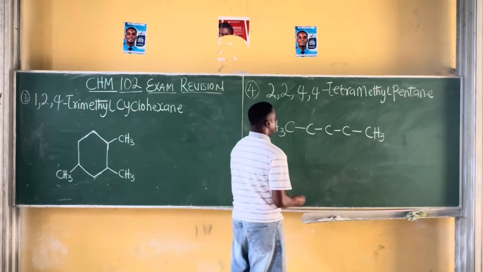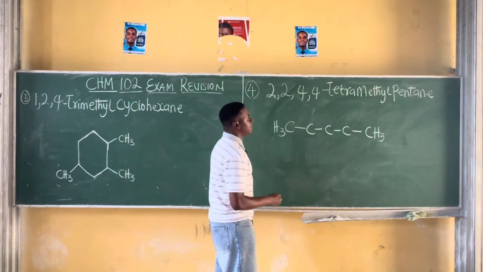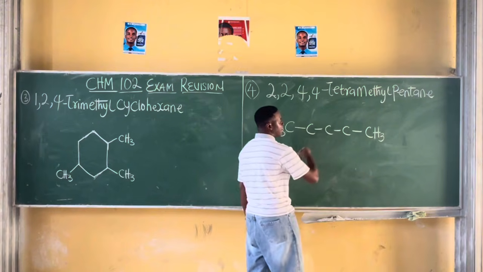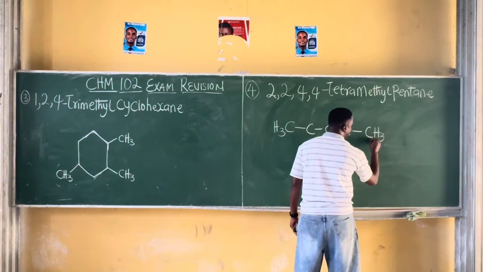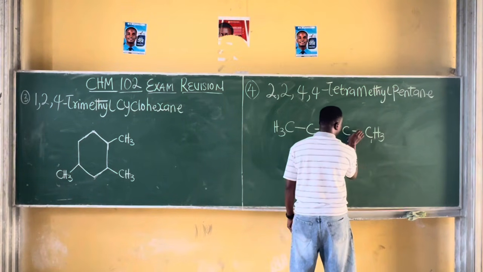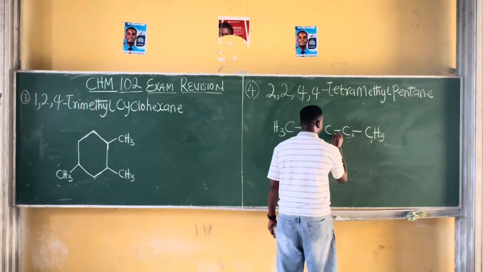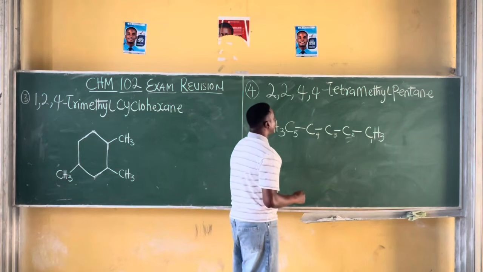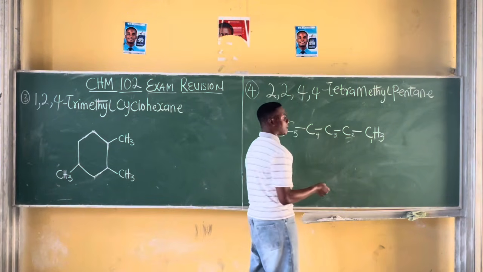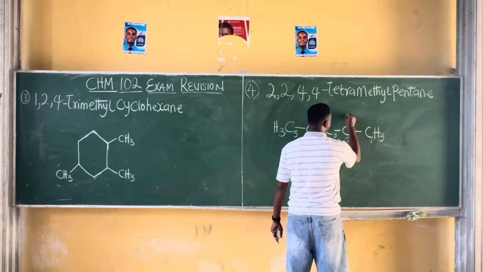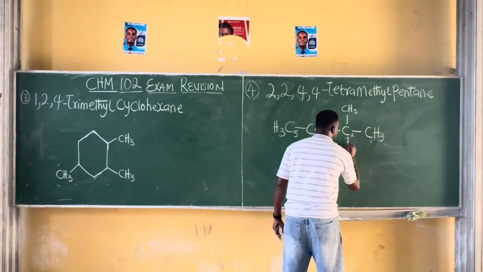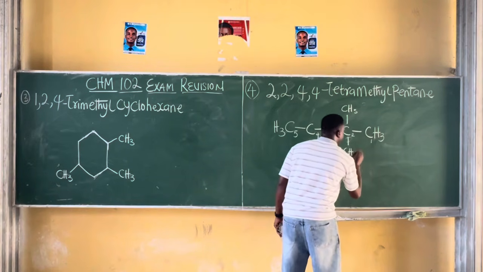All right. So they said the methyl groups are on carbon 2 and carbon 4. So anyway you number, let me use this as carbon 1, 2, 3, 4, and 5. So 2, 2 simply means I should put 2 methyl groups on carbon 2. So on carbon 2, I'm putting CH3 up and CH3 down.